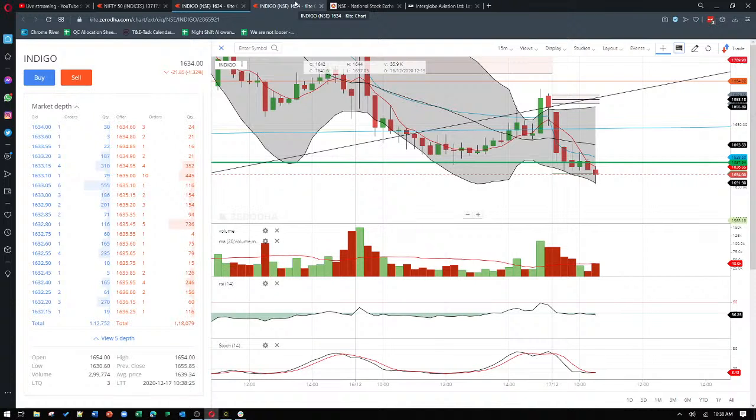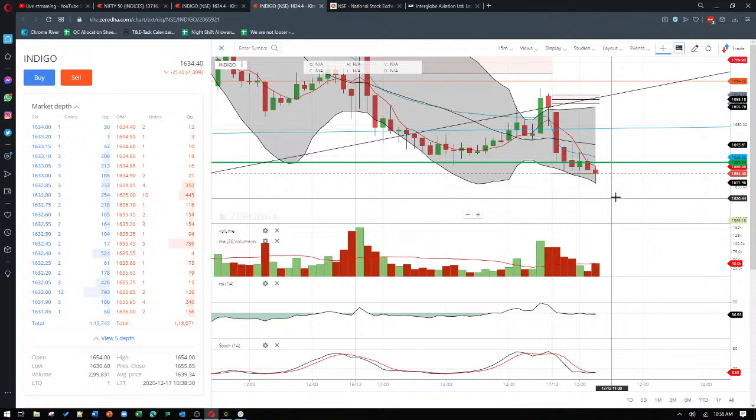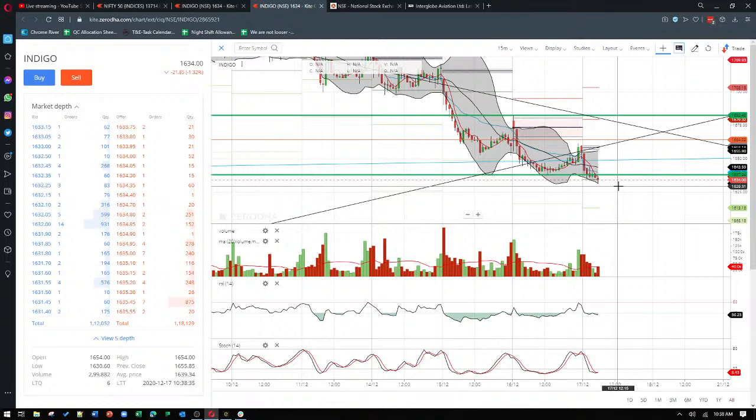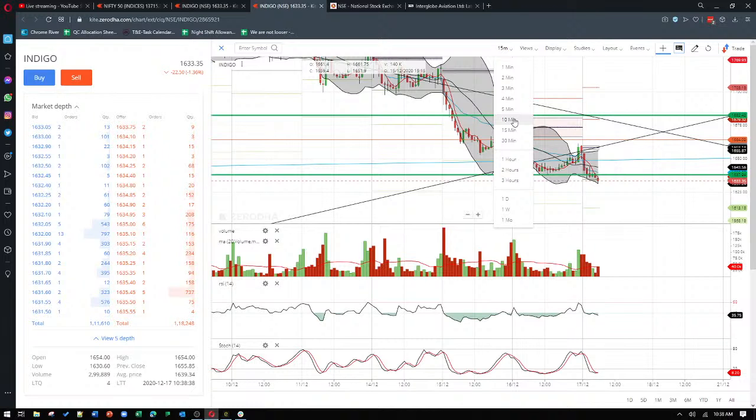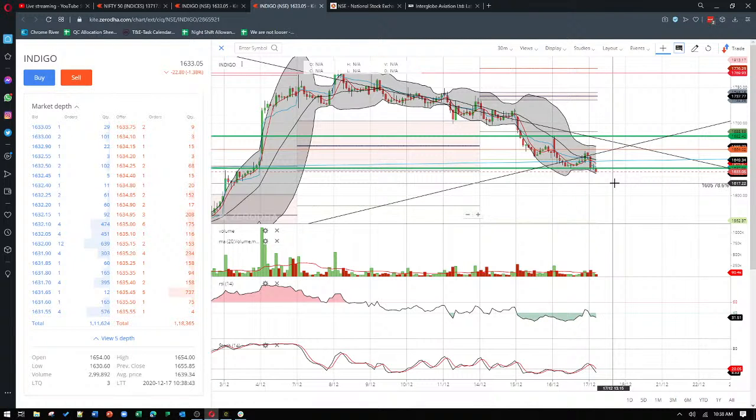So it did kind of give a big volume, and it went to one level and it is just backing up. But why is the price trying to take a support over there? We have a reason.